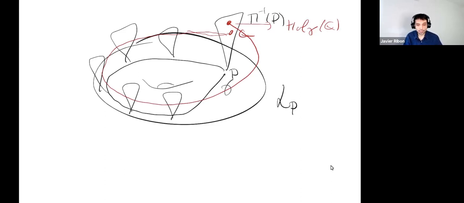This is, let's say, the concept that is analogous to the Poincaré first return map, but since we are in the holomorphic case, the leaf is a manifold of real dimension higher than 1, so we have to be a little bit more precise, but it's essentially that. It's the Poincaré first return map.